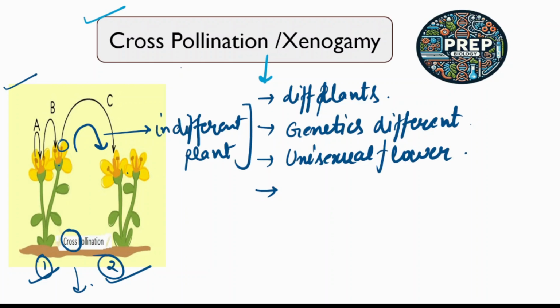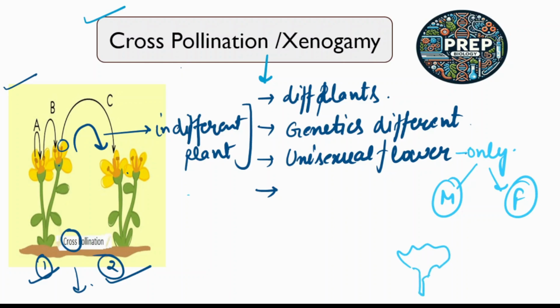A unisexual flower has only the male part or only the female part present in a flower. Unisexual means if this is a flower, it contains only anthers, and this is a flower, it contains only pistil, so it contains only male part and it contains only female part. So in these kinds of flowers, cross pollination occurs.